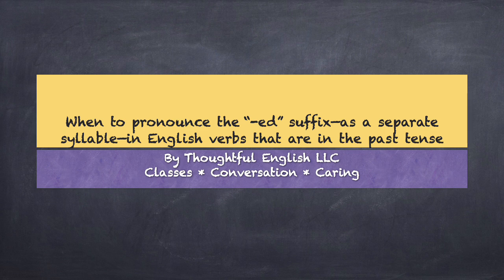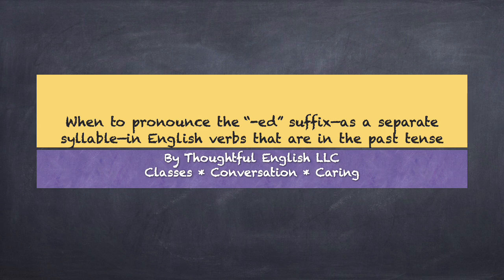Today we're going to learn about when to pronounce the ed suffix or ending as a separate syllable in English verbs that are in the past tense. Now, many of my students already know that if a verb is not irregular, in order to change an action word in English to talk about the past, they have to add ed to the ending of the word.